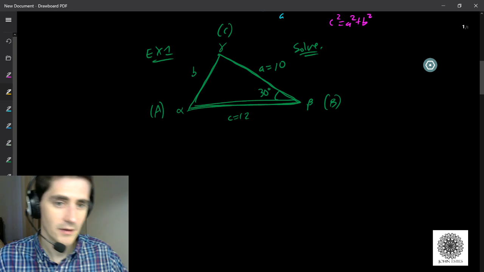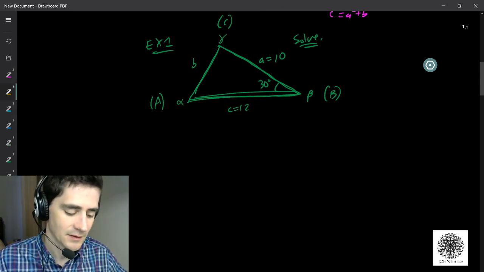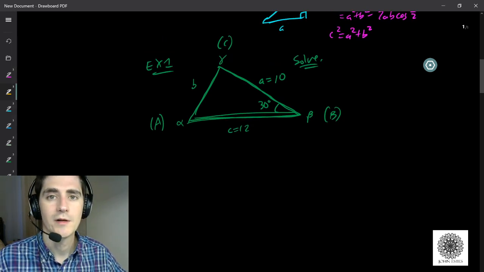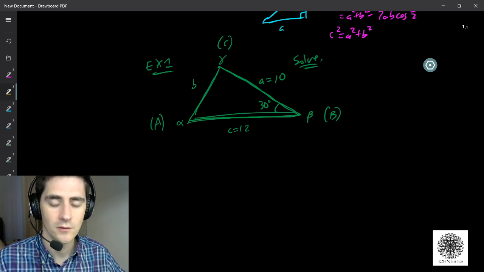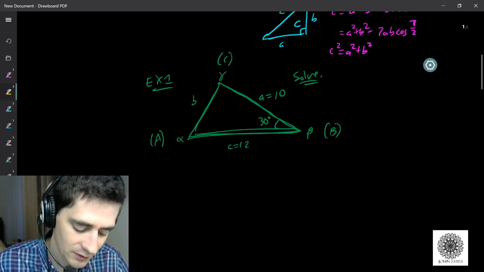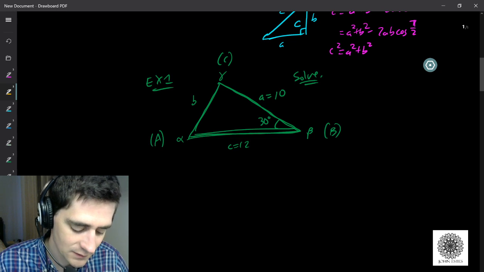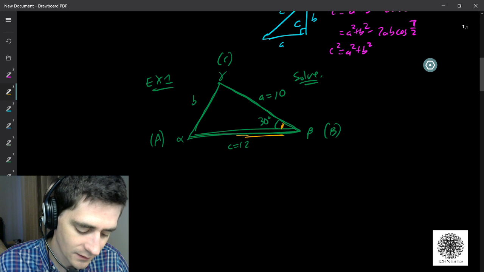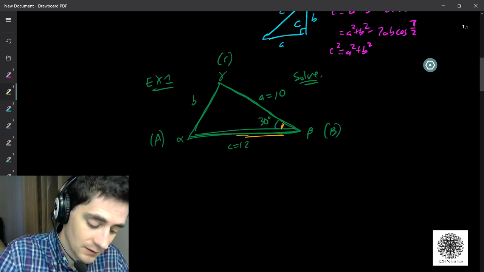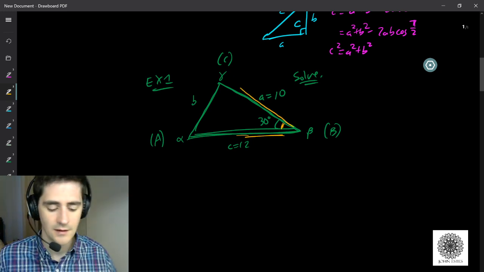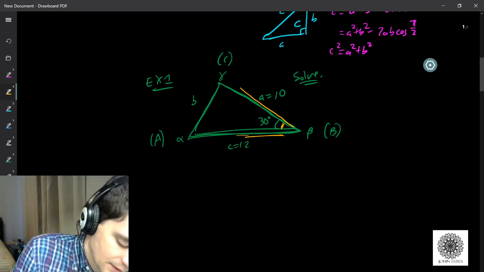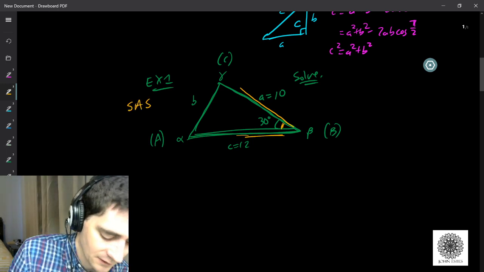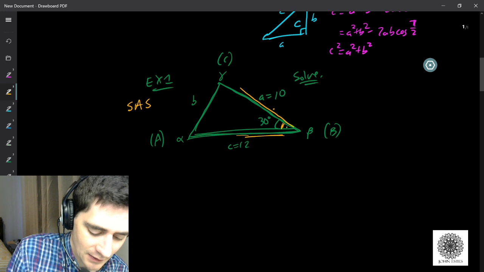What I recommend, first of all, and I mentioned this last time, is trying to peg what case this is. What kind of triangle are we looking at? If I look at what's given to me: a side, the angle between that side and the other given side, and then the second side.